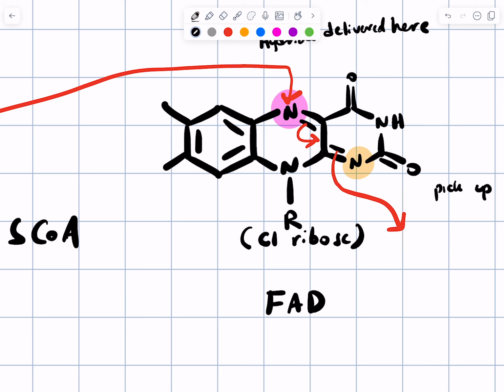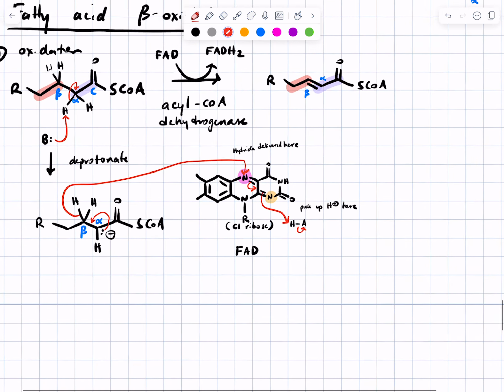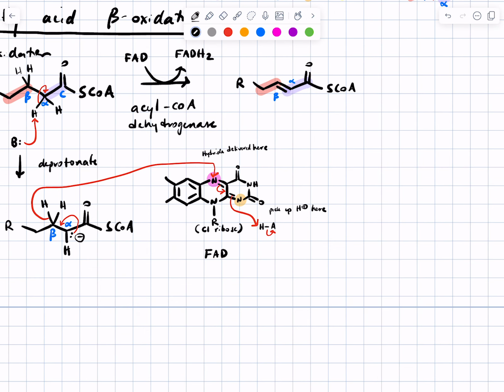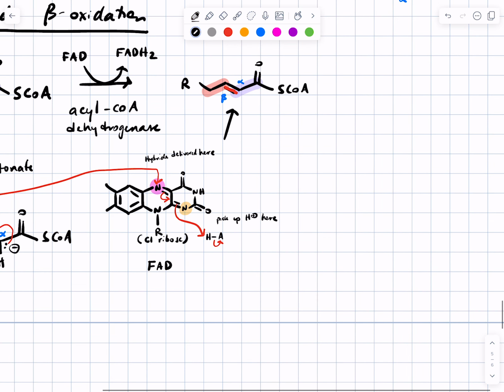And so we can push arrows this way, showing the proton being picked up on the orange nitrogen, like this. That gives you the new double bond shown here in red, this new bond between alpha and beta carbons.